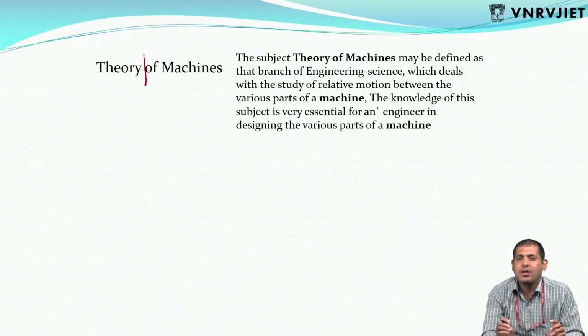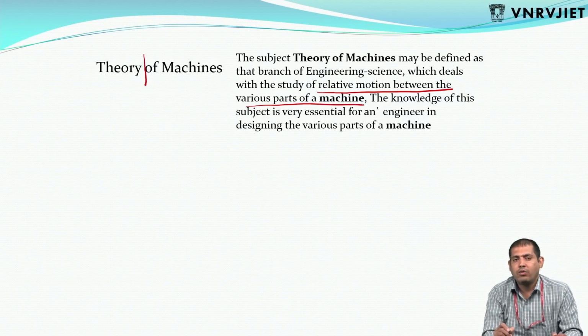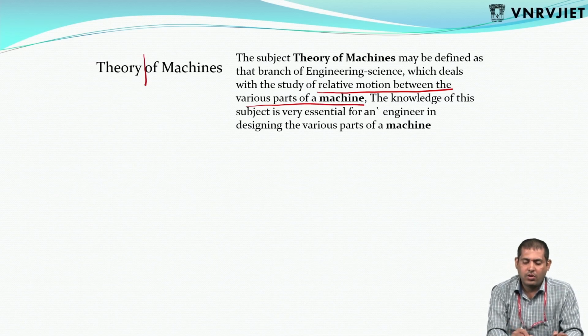It is defined as a branch of engineering science. The main thing is that it studies the relative motion between the various parts of a machine. That is what we are going to learn in this theory of machines.